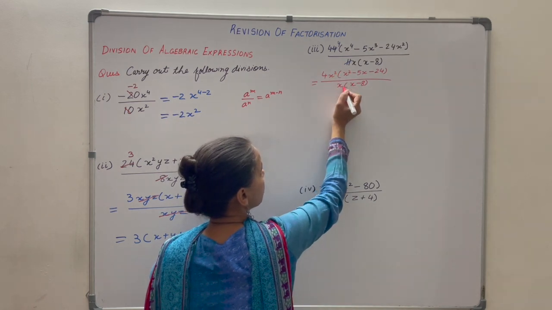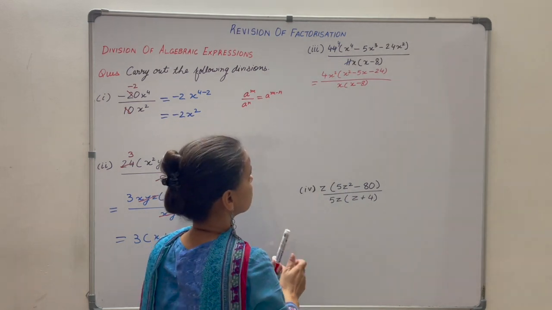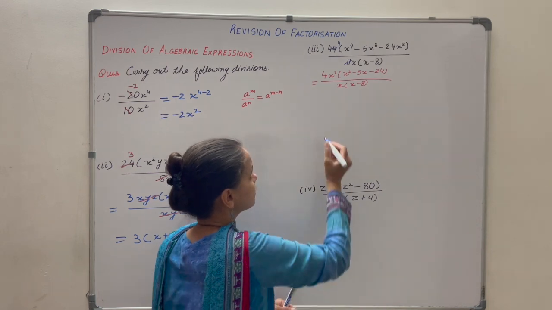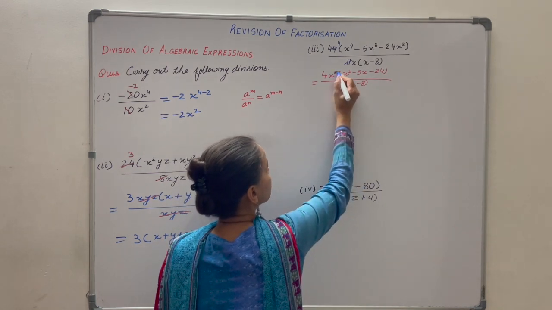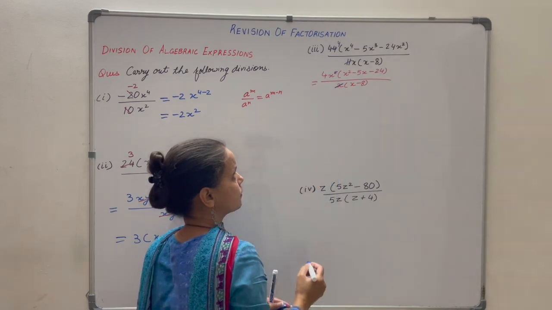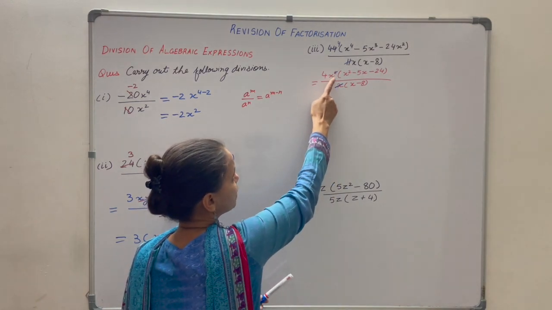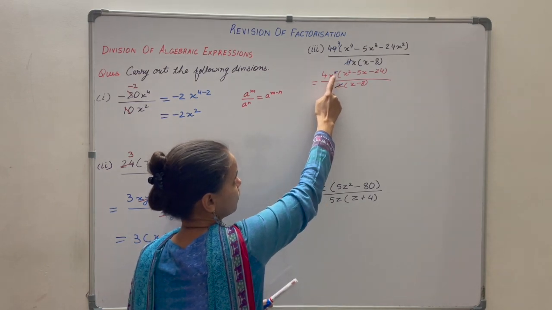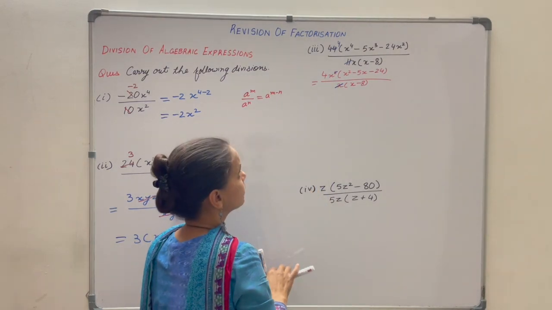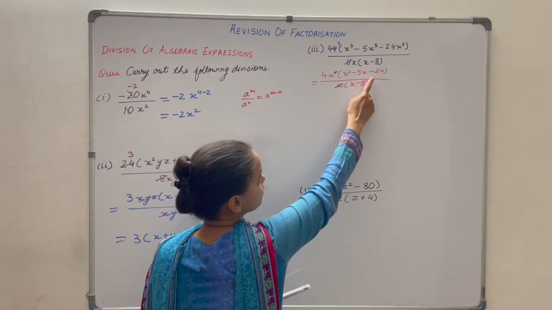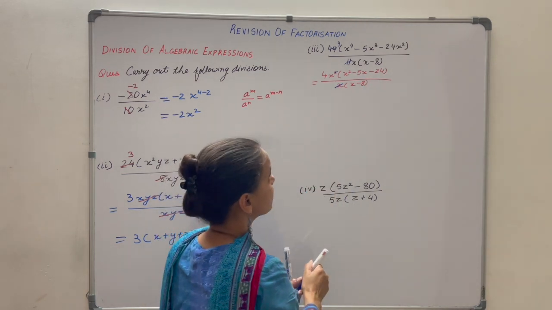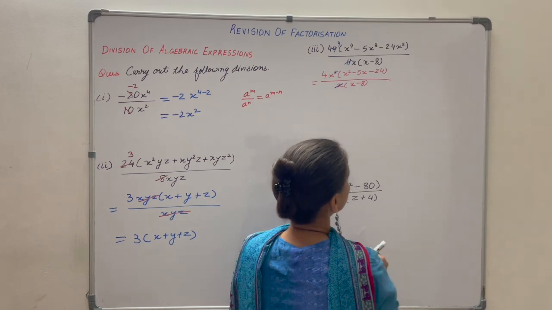So you can cancel x square and x. So let us cancel it. Now here x is left. You have used the same division law here. So when it goes in numerator, it is x to the power 2 minus 1. So you get here x. So now you can see this is similar to the identity x plus a into x plus b.